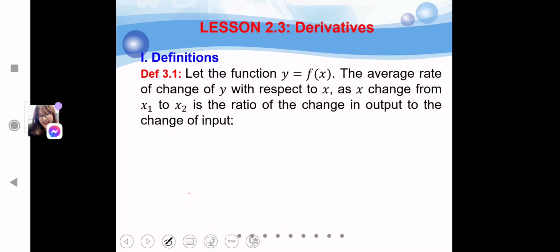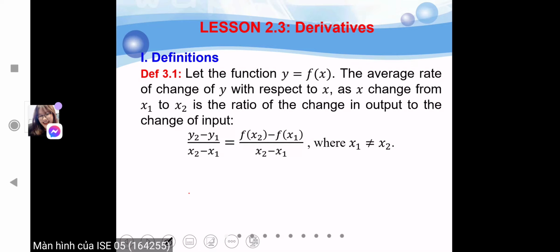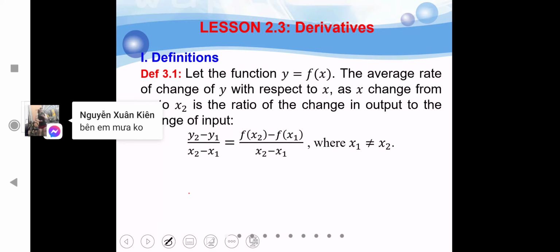So we write it. The first definition: let the function y equal f(x). The average rate of change of y with respect to x as x changes from x1 to x2 is the ratio of the change in output to the change in input. The first definition, the average rate of change.